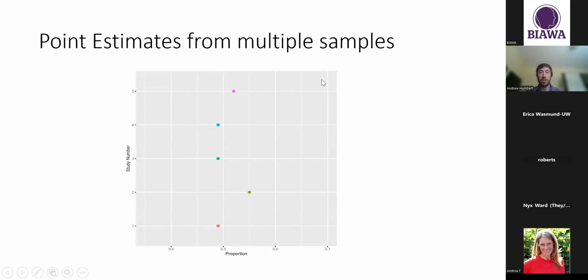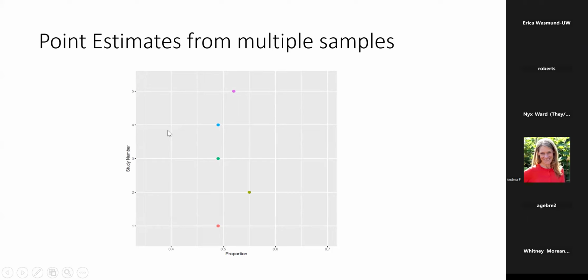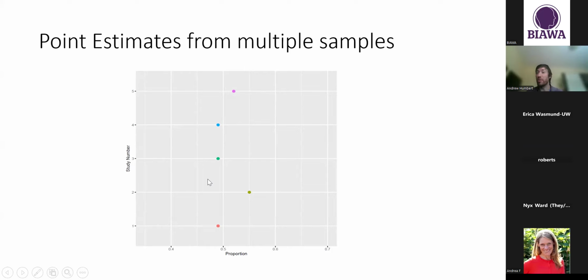And this is a picture that's meant to illustrate this idea of how point estimates could differ from multiple samples. I'm assuming that they're all taken from the same population, but depending on the specific sample I grabbed, I may see, and we have the different study numbers on the y-axis, the different sample that I grabbed will change the actual estimated value a little bit.